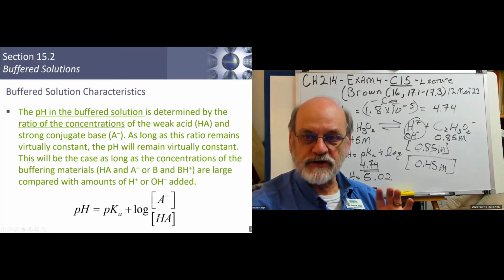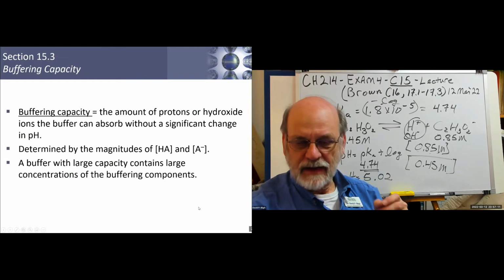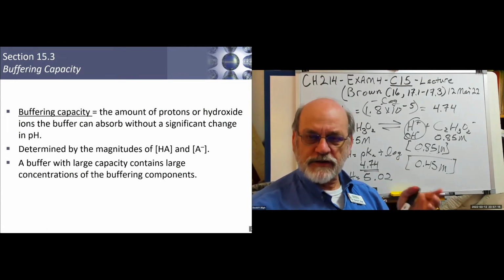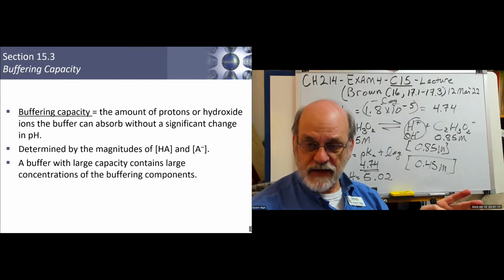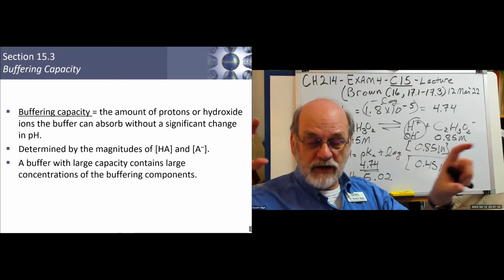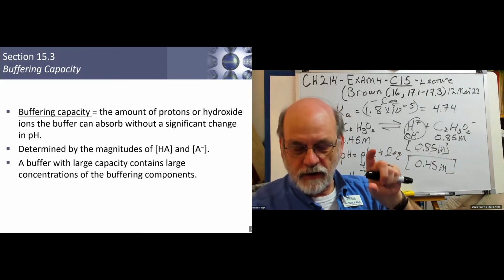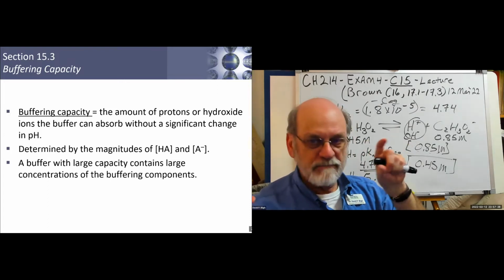Those two factors determine the pH of the buffer. Now, we mentioned that if the ratio of these two, the conjugate base to the acid, is the same for any mixture, then the pH is going to be the same for that weak acid buffer mixture.